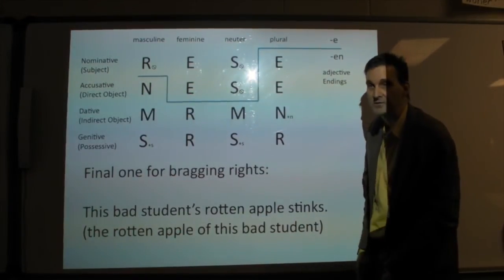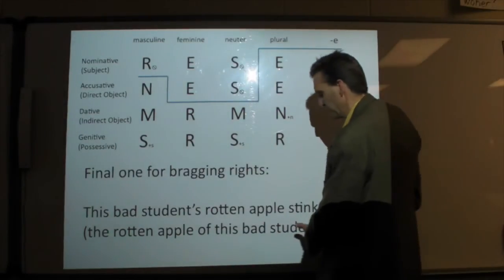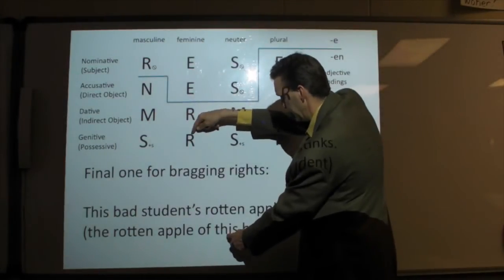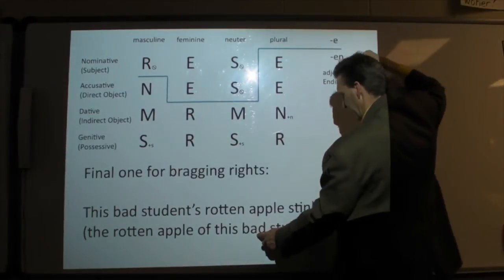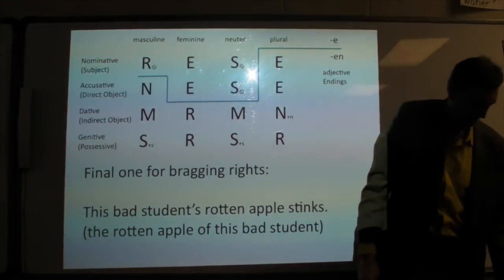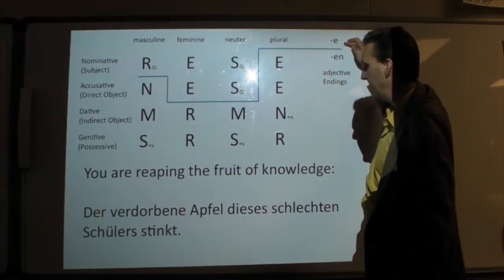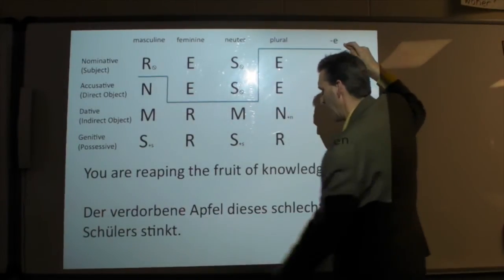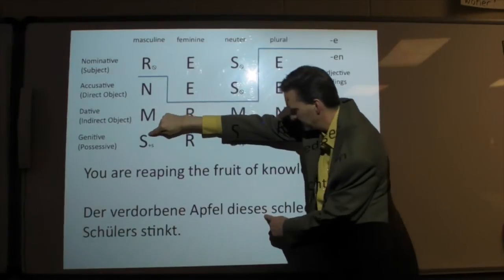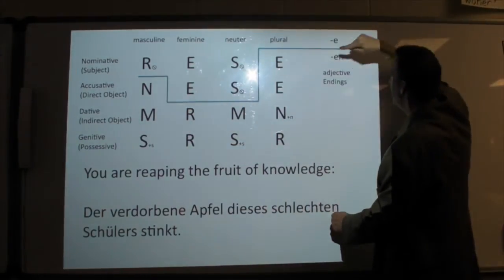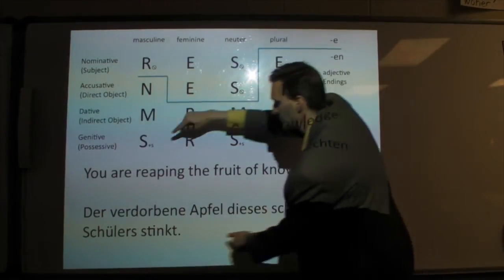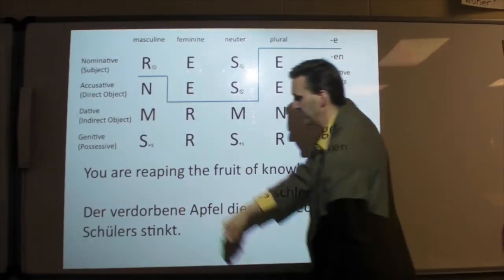Now, if that was a female student, it would be dieser schlechten Schülerin. Well, let me see what I got. Der verdorbene Apfel, I guess I went masculine, dieses schlechten Schülers stinkt.